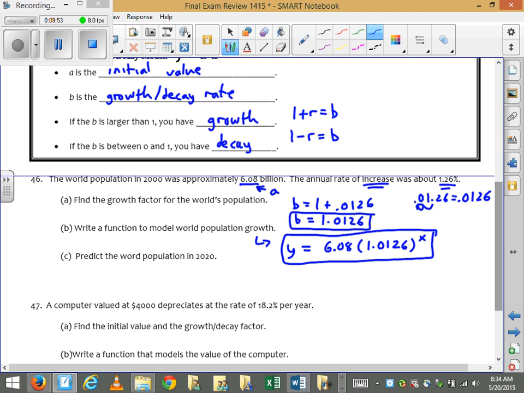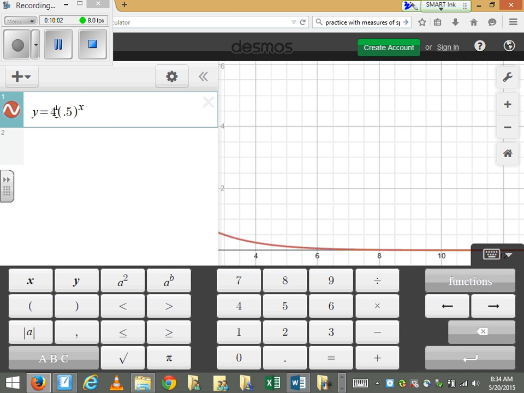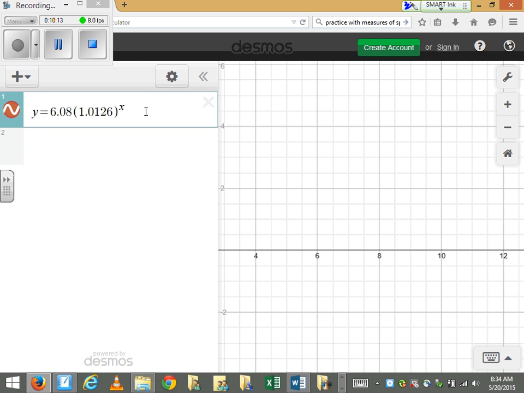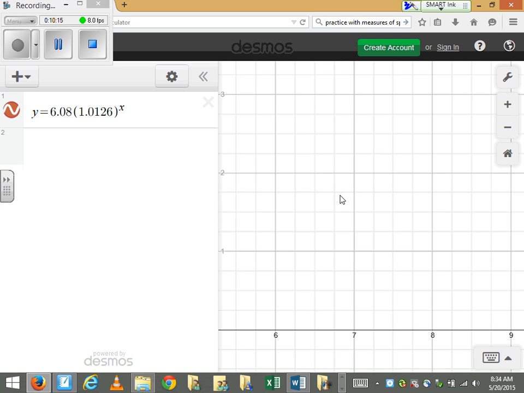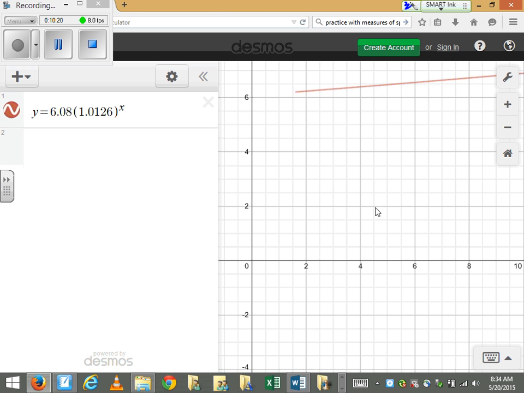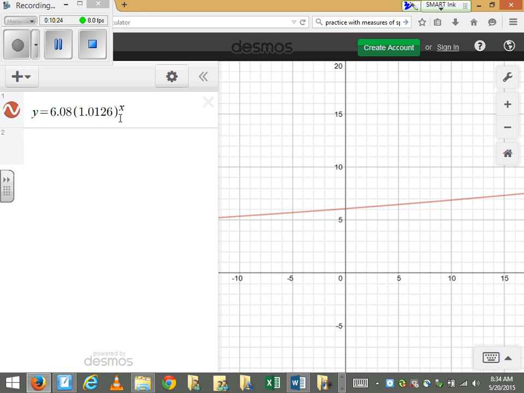Predict the world population in 2020. So this is one where I would go to the graphing calculator. So we have y equals 6.08 times 1.0126. Let me make sure I did that right. Now, as is, we don't see it, so something's up with this.